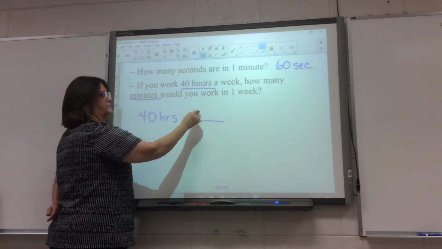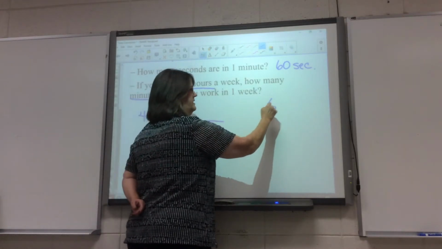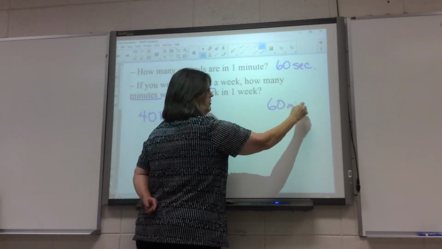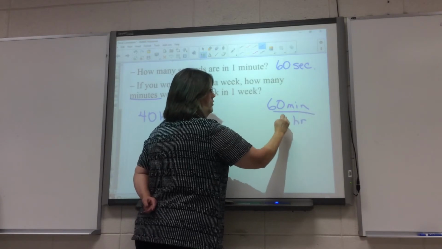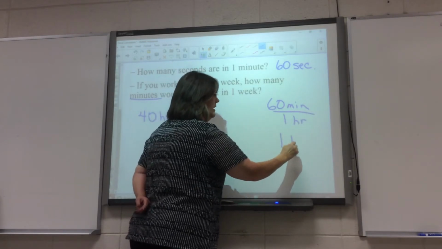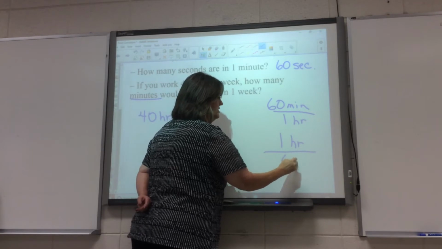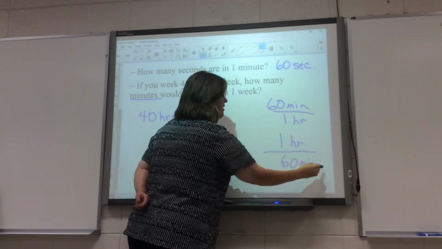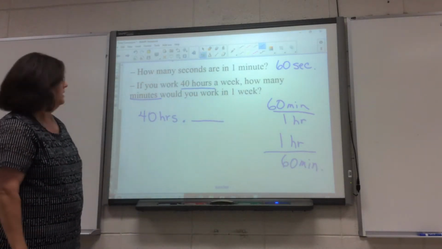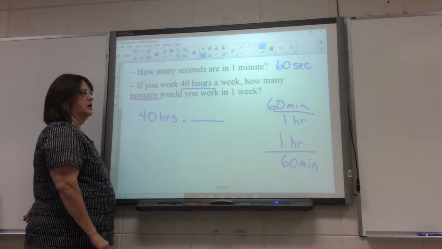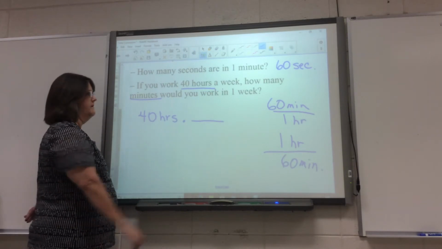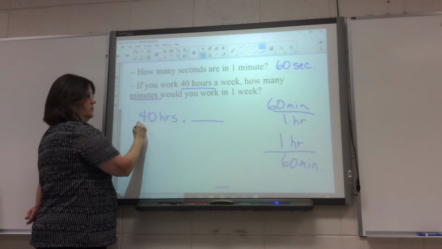Do I write 60 minutes per 1 hour, or do I write 1 hour per 60 minutes? Depending on how you start your problem, where it's starting from and where you want to go to, depends on how you write that.